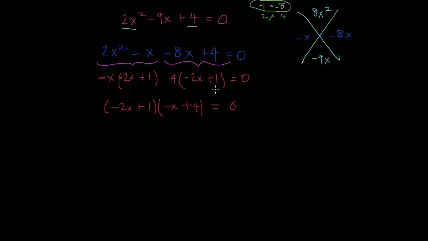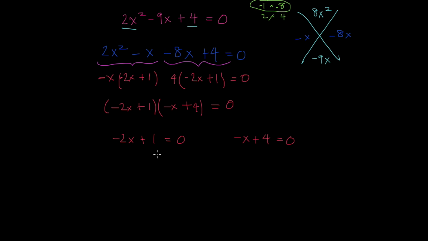So then you can take those out in common, and then you can solve setting the equation to be 0. Now I have negative 2x plus 1 equals 0. And I have negative x plus 4 equals 0.